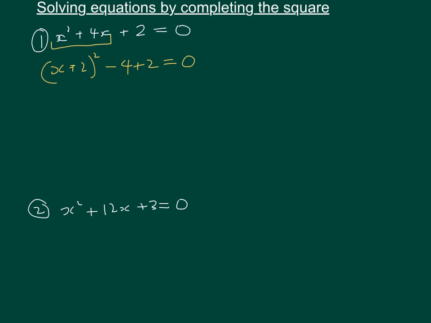Collect these like terms, so we'll get minus 2. So x plus 2 all squared minus 2 equals 0.